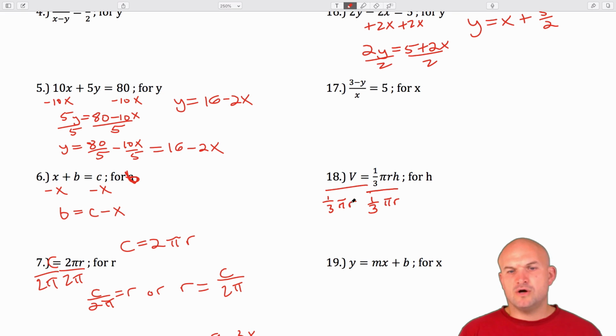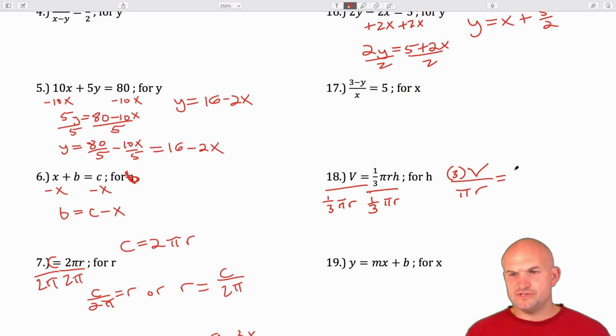Okay, so therefore, I can rewrite this. Let's see how would be the best way to rewrite this so it doesn't look totally confusing. So I do v, so I'm going to multiply it by 3 and then divide it by pi and r, is equal to 3 times 1/3 pi r divided by pi and r.